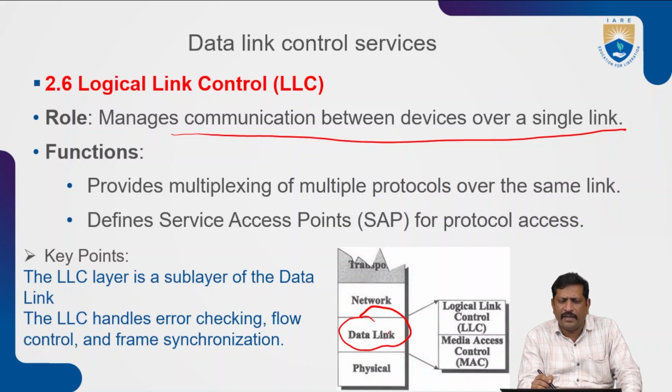The data link layer has two sublayers. What are the two sublayers? One is the logical link control, and the other is the media access control.